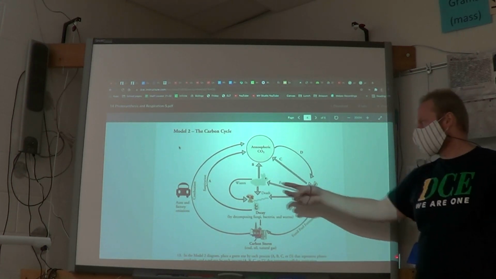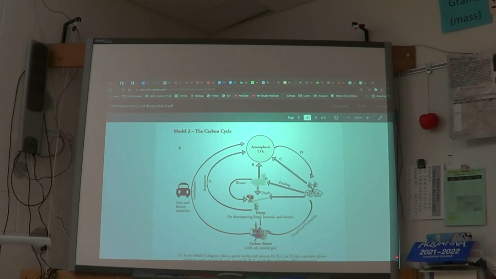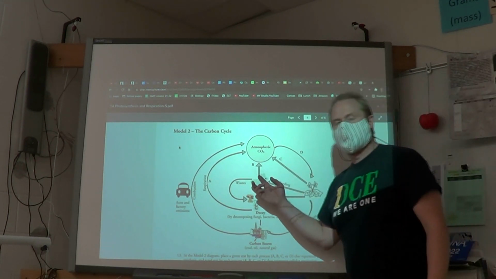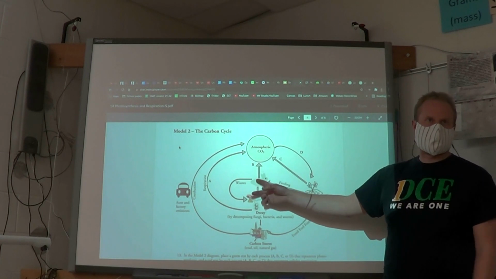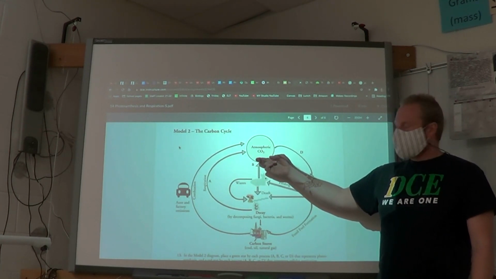Now this bunny comes along and eats the plant, and it takes the carbon found in this glucose molecule. Through what chemical process does it convert it back into carbon dioxide? Cellular respiration. So bunnies, and any living animal that eats plants, go through cellular respiration.